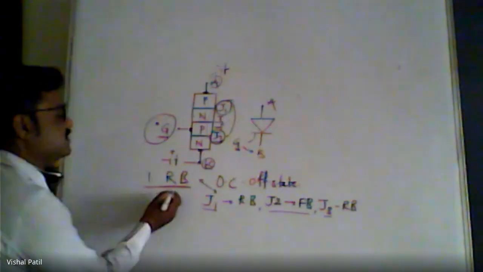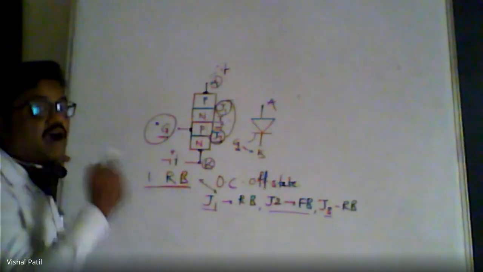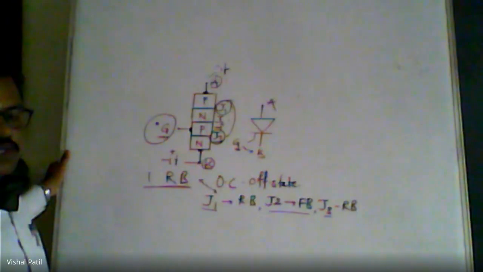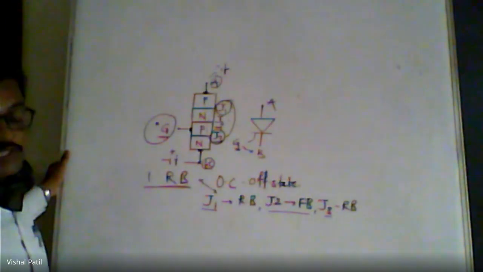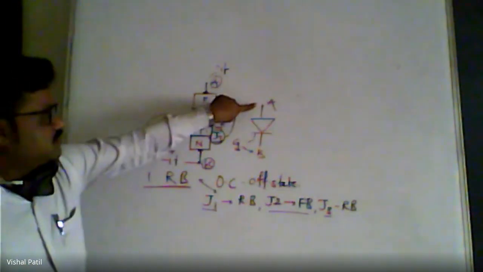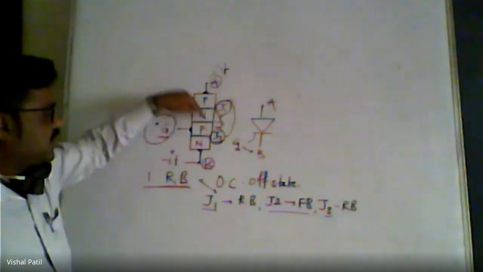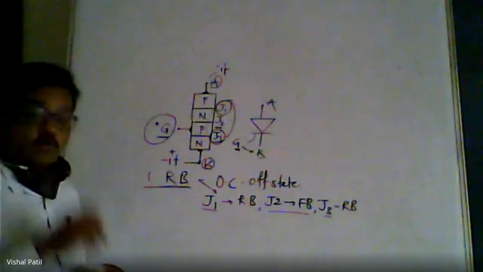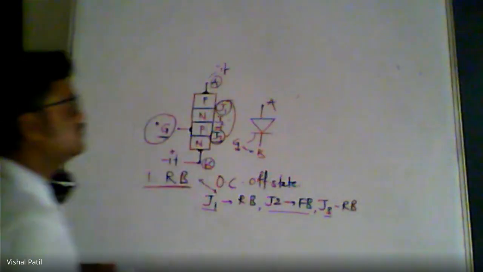We get very little leakage current, but very high reverse voltage is blocked, and that is negative voltage, because the thyristor is in reverse bias. This is how the first mode works.